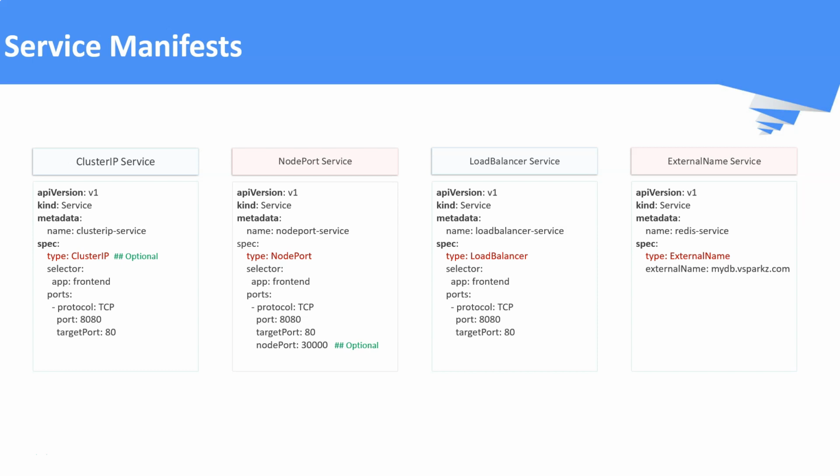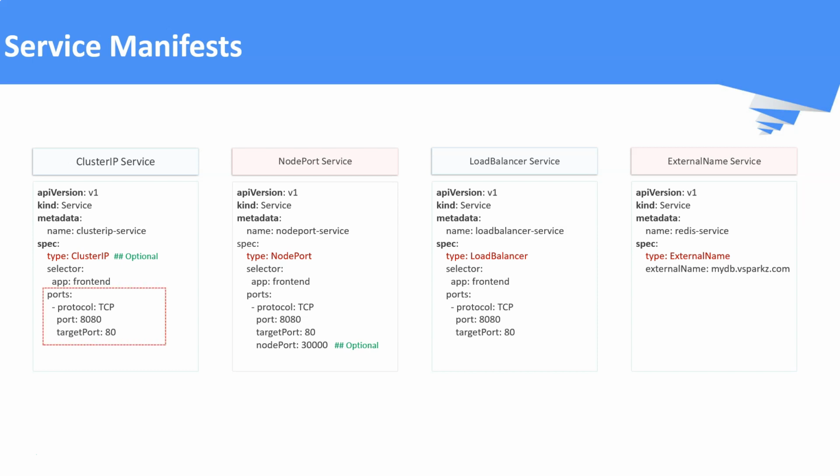Please see the spec field of the ClusterIP service. Under this field, we can see the type is specified as ClusterIP. This type is an optional field for ClusterIP services. If we do not mention any service type, Kubernetes by default will try to create a ClusterIP service only.